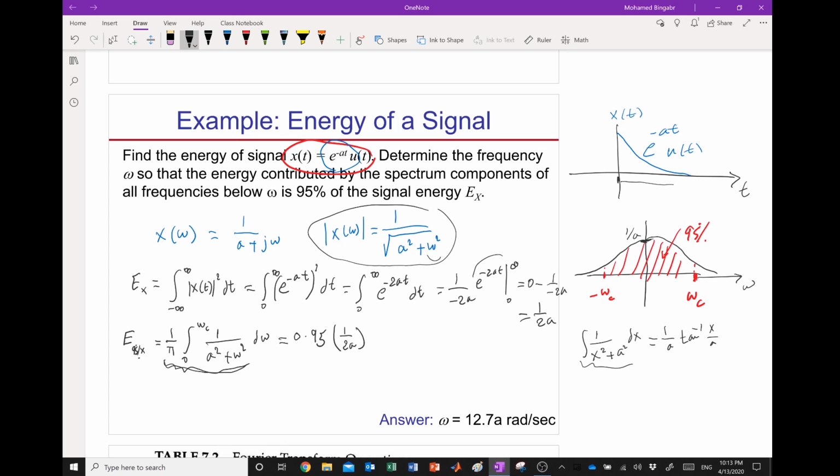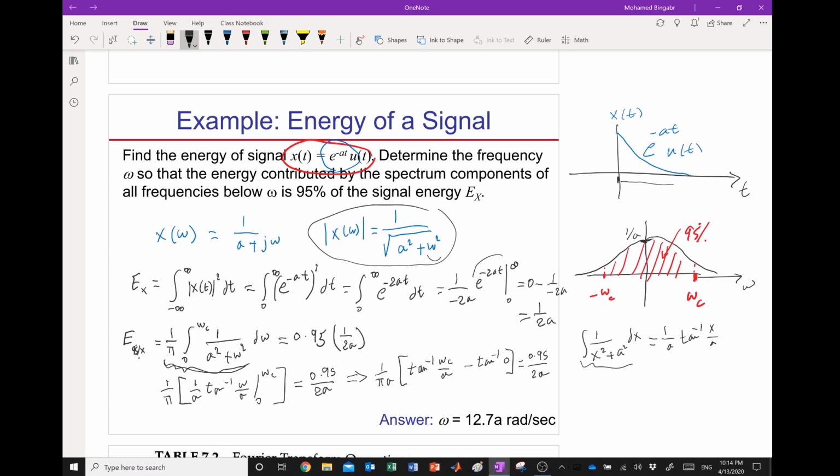So the integral will be 1 over pi times 1 over a tan inverse of omega over a, evaluated from 0 to omega c, equal to 0.95 over 2a. Further, this will be 1 over pi a times tan inverse of omega c over a minus tan inverse of 0 over a, which is just 0. This equals 0.95 over 2a.